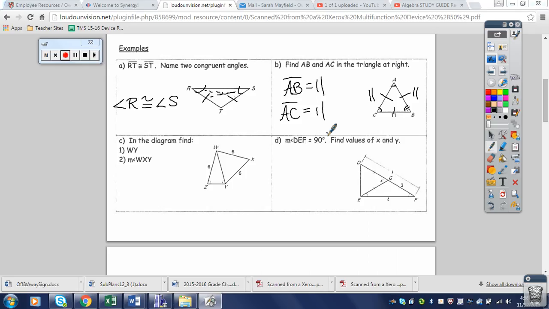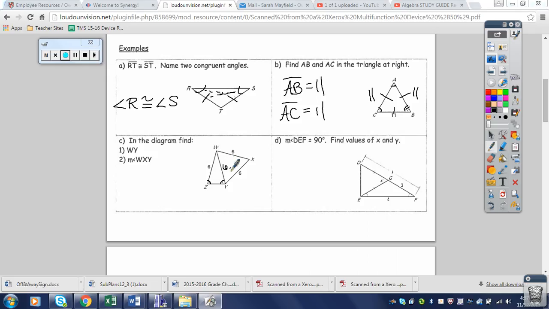Okay? All right, let's look at C. In the diagram, find WY and the measure of angle WXY. So when I'm looking at this piece of information, we need to figure out where we want to start. So where is something we definitely know that is true? I know these two angles are congruent, which makes WZY isosceles. So if this is 6, that makes this 6.